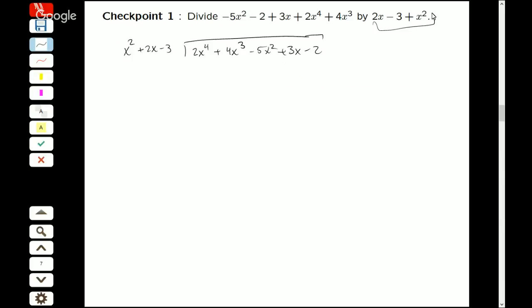And then repeat the process, everything based off of this one. So how many times would it go into x squared? So you divided it again? Okay, so then that'd be 1. Except you have to put your 1 up here, it's actually minus 1, right? Because minus 1 times x squared is... and then you have to multiply everything down here.